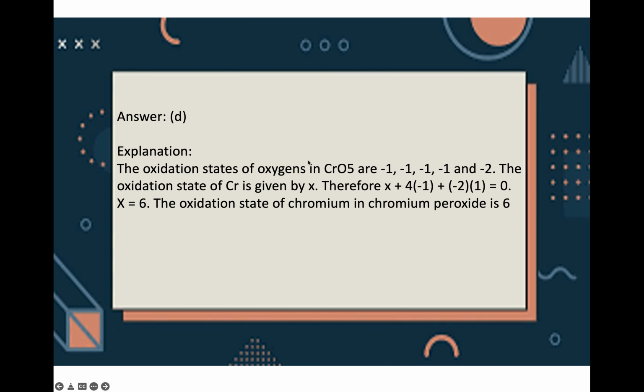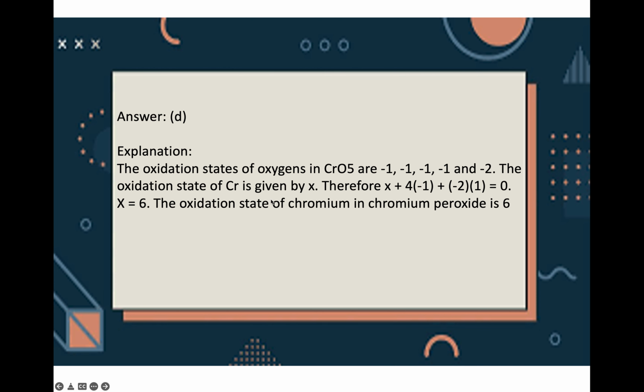So what you normally do when you get such a question is think that it is -10 for oxygen, so +10 will be chromium, but it's not like that. Here it is an exception. So here 4 oxygens will have -1 each, whereas the 5th oxygen will get a -2 oxidation state, and therefore 4 into -1 is -4, and here 1 into -2.